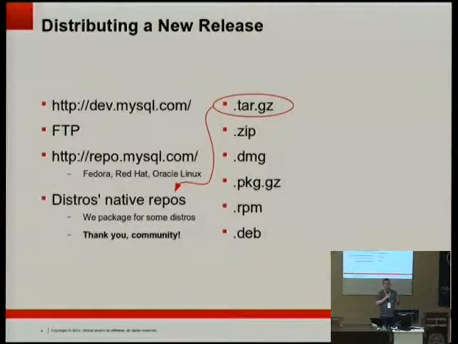And just recently, before Christmas, our Christmas present to the Fedora and Red Hat community was the YUM repositories for MySQL, our own YUM repositories. We want to extend that to more distros. No promises on which and timing, but we want to extend this.